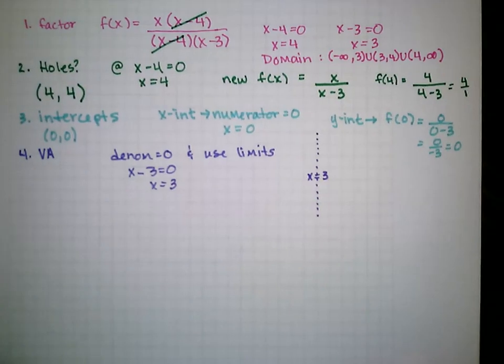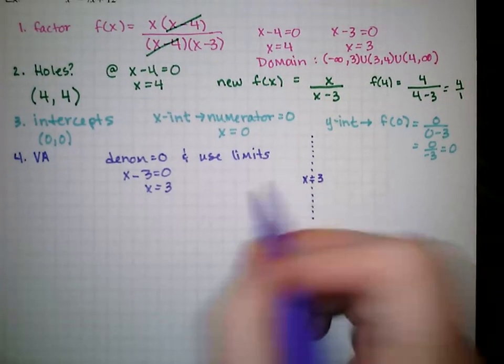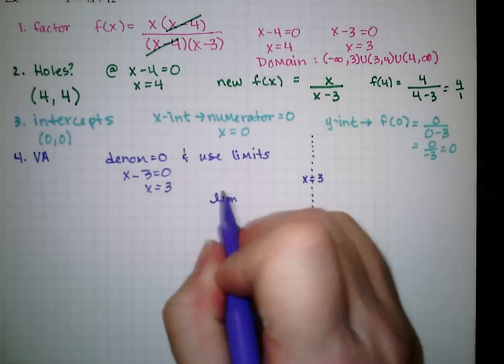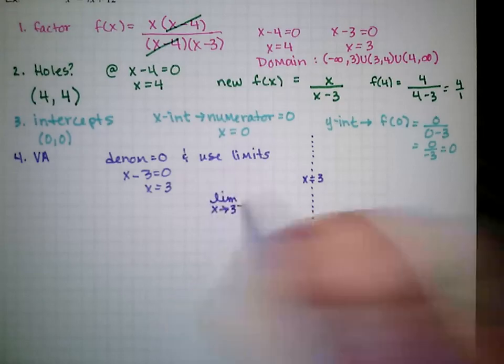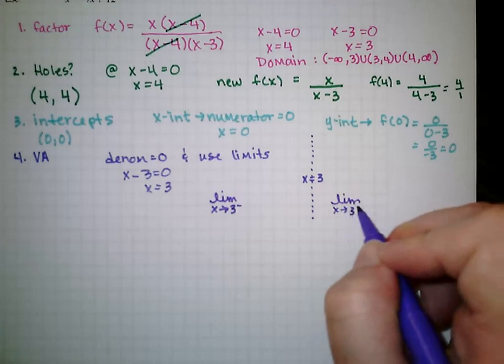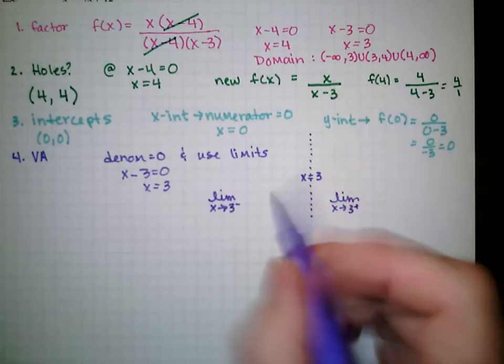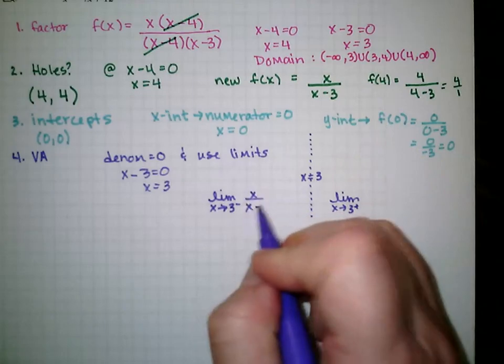And then we need to determine what happens on the left and right-hand side of 3. We do that by taking the limit as x approaches 3 from the left and the limit as x approaches 3 from the right, using our new function, x over x minus 3.